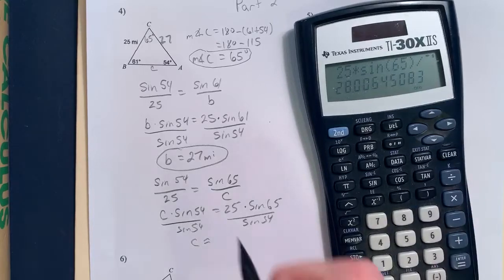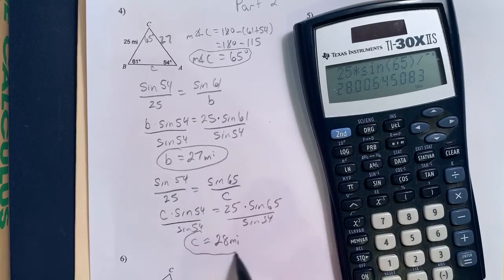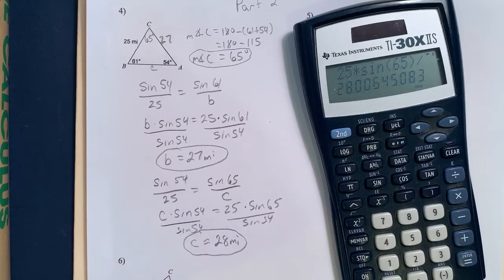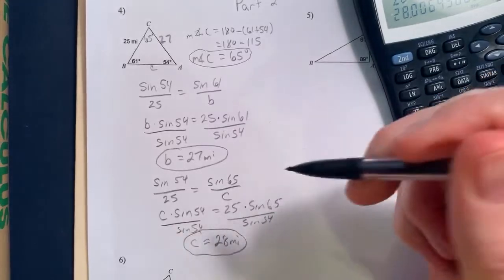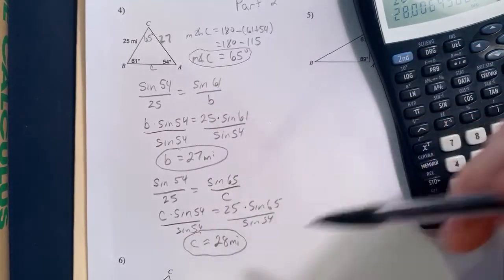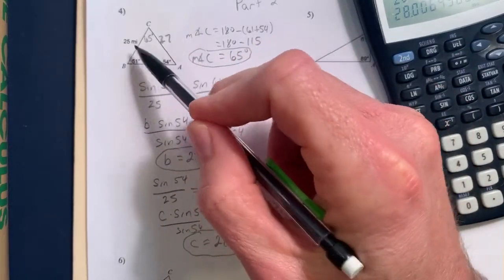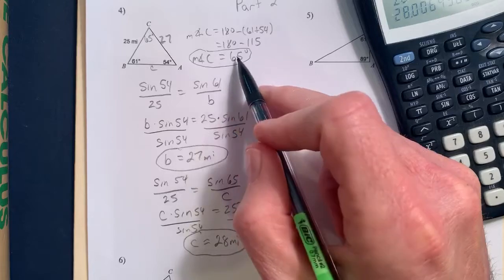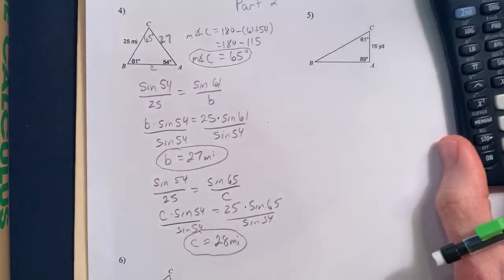So C is 28 miles. That's a good situation. I love that because we didn't have to introduce law of cosines at all. Not that it's difficult, but it's just a lot more number crunching. These proportions are much easier. So when I have 2 angles and a not included side, I started with the triangle angle sum theorem, and then I did law of sines twice in order to find the other 2 sides, and we're good to go.